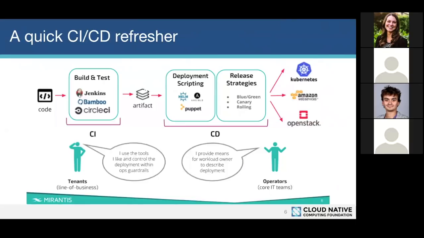Now, that build and test process creates an artifact. It's some binaries, whatever it is, and those are passed into the actual continuous delivery part of the equation. That's where it gets handed off to operators. These are the people who make sure that the code can go where it needs to go. Normally that is taken care of with scripting. It could be Helm, it could be Puppet, it could be Ansible, it could be something custom, whatever it needs to be.